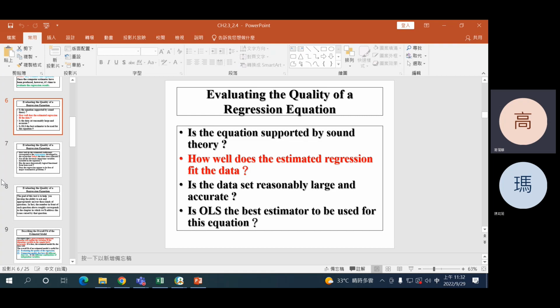Although you don't know other techniques yet, we just learned OLS. But later on, if you learn other techniques, then you can ask this question. This is also a question you have to bear in mind: whether OLS is the best estimator, or are there any other estimators?